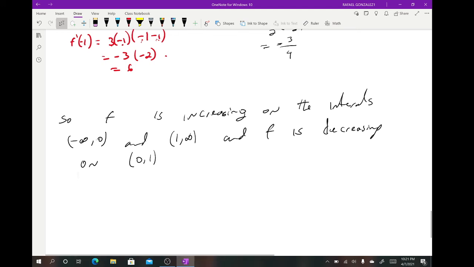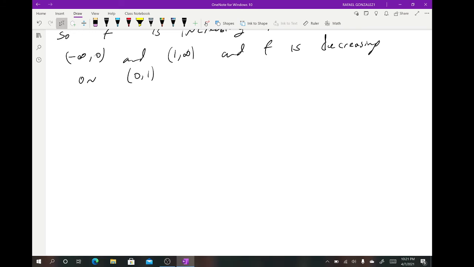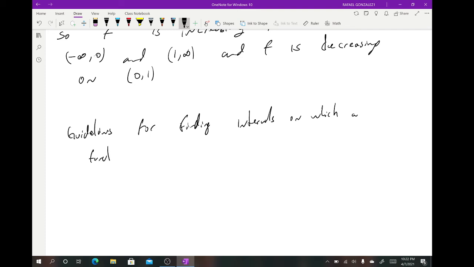Before I end this section, let me actually give you some guidelines of how to go about finding intervals for which functions are increasing or decreasing. So guidelines for finding intervals on which a function is increasing or decreasing.